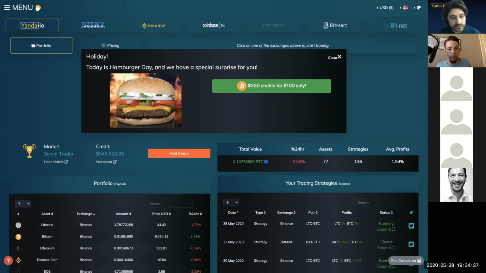If you buy $100 of credit, you have enough to score gross profits of $500, a net profit of $400. With the offer today, it's 250 times 5, which makes $1,250 gross, which is $1,000 net profit. Yeah, that's pretty good.